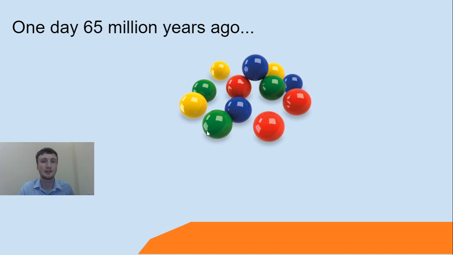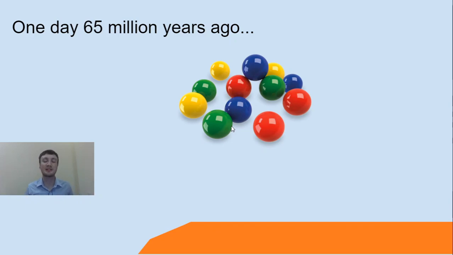Right. So I want you to imagine a story. I'm going to make up a story. Imagine that one day, just for one day, 65 million years ago, it started raining marbles all over the planet.